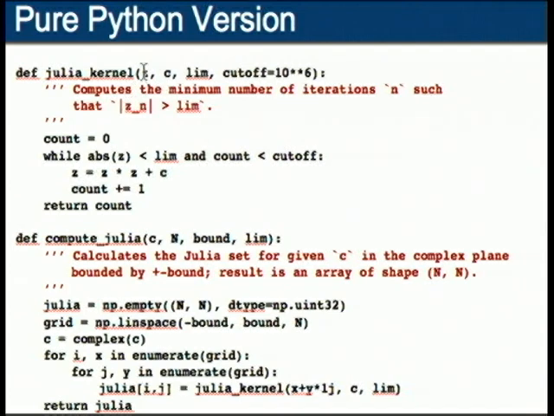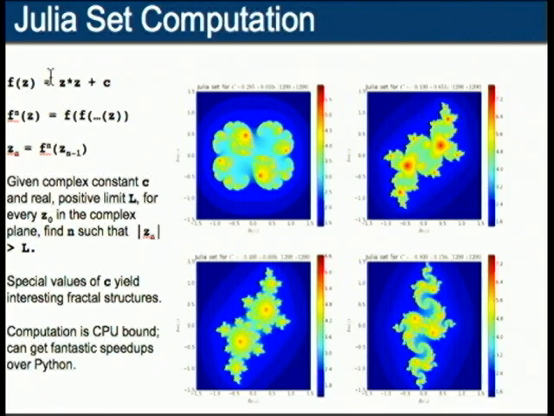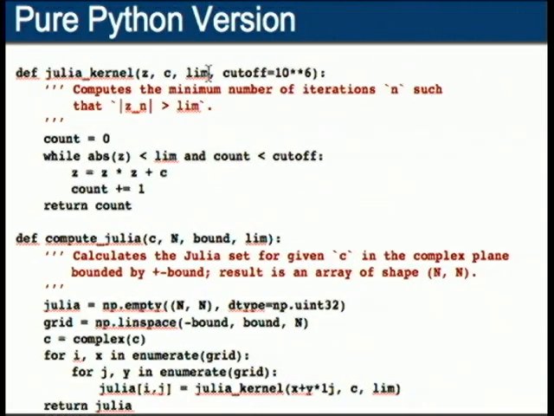Here we're passing in, this is the kernel. Its whole job is just to iterate z according to this operation many times until it exceeds the limit. We pass in the z we want to iterate, the constant c that we're adding each time, and the limit that we're testing for.